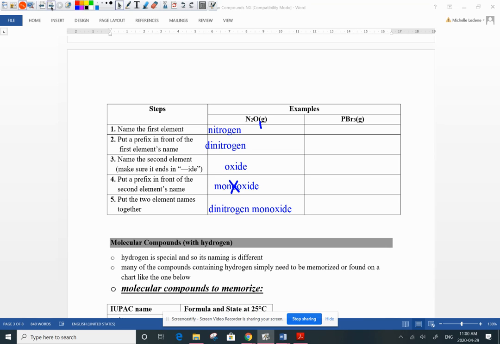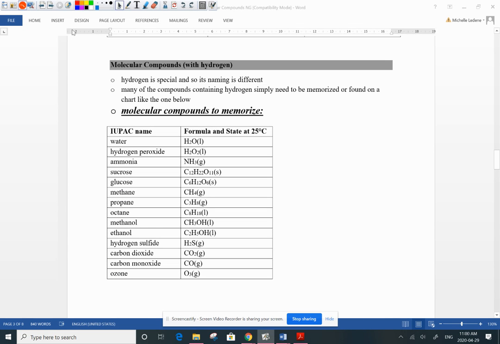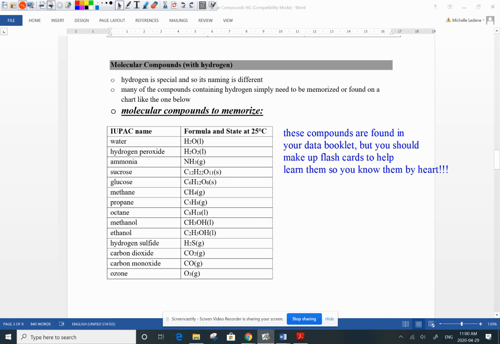And one more thing before I go is just to remind you that there is a special additional set of naming rules for any of the molecular compounds that have hydrogen in them, because hydrogen is special. Remember, it's on the left side with the metals, and so it gets its own rules for naming. So most of these are what I call the one-word wonders.